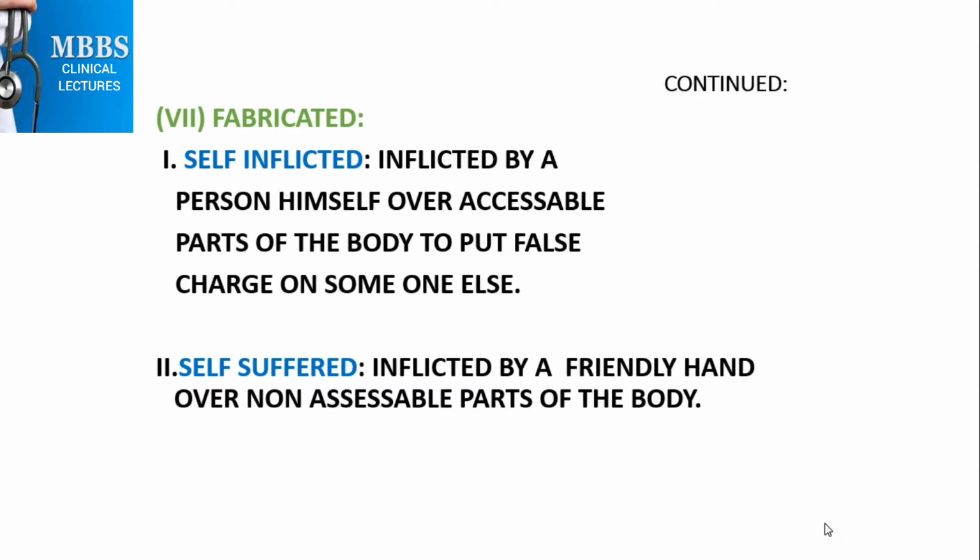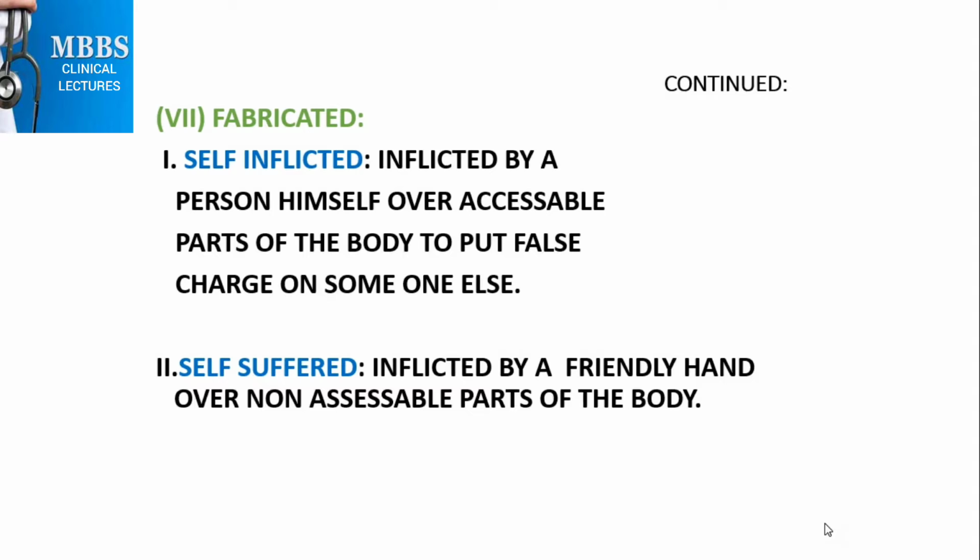Now, fabricated and especially the self-inflicted injuries can be diagnosed by doing a careful examination of the injury. For example, such self-inflicted injuries are usually superficial. Number two, such injuries are caused on the opposite side of the body.